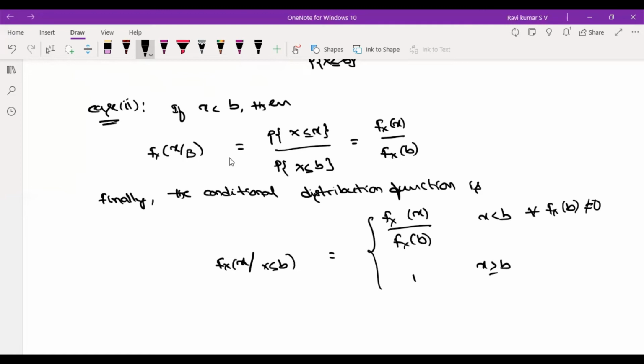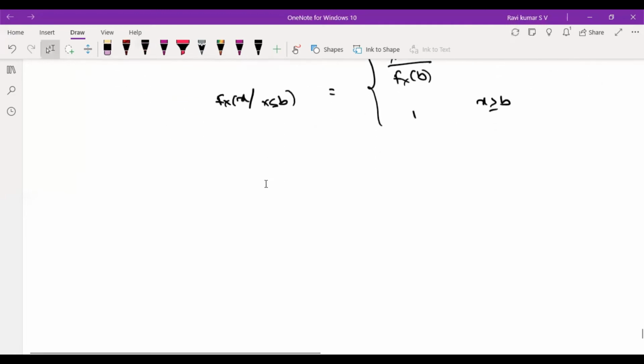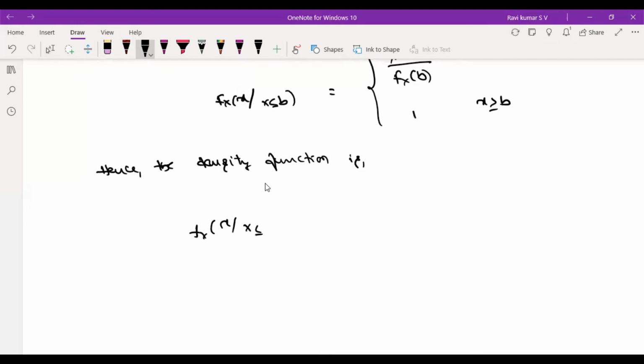And based on this we can define the conditional density function, f_X(x | X less than or equal to b). I'm going to use the properties relating density function and distribution function.